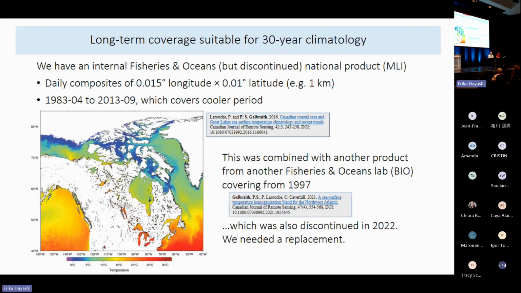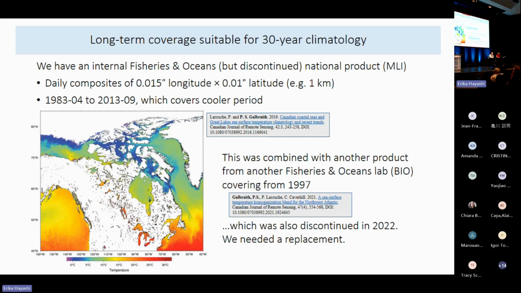So the 30-year climatology: before your group existed, we probably had this internal product which covered all of Canadian waters. Unfortunately, it stopped being produced in 2013.